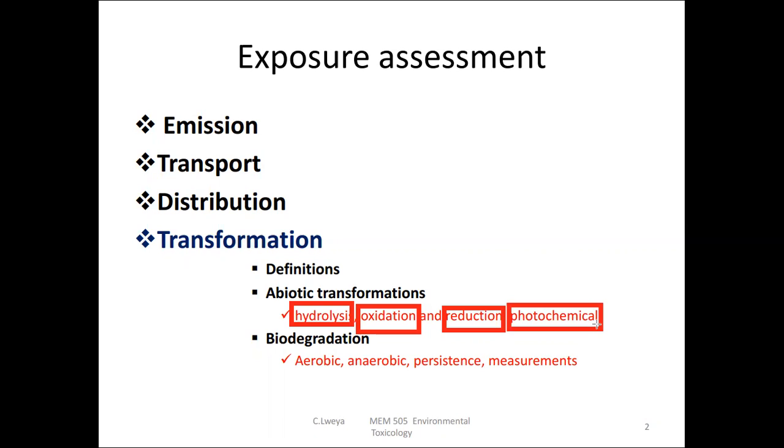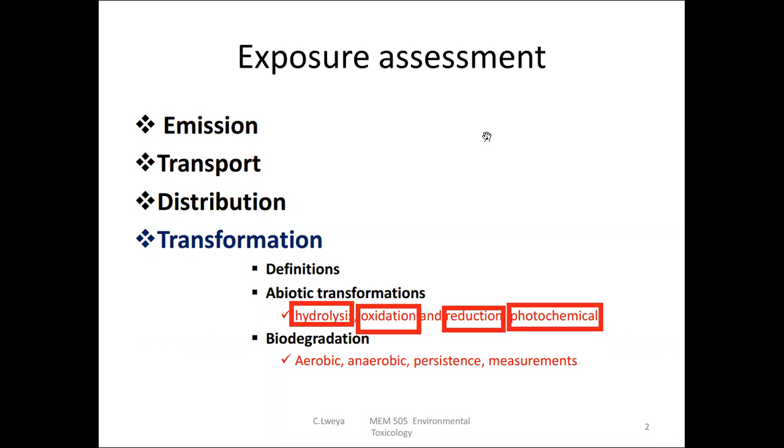And on the same part, there are definitions that we're going to understand. What is hydrolysis? What is oxidation? What is reduction? What are photochemical processes? So 1, we need to give the definition of these processes. 2, we need to give specific examples of compounds that undergo these processes.